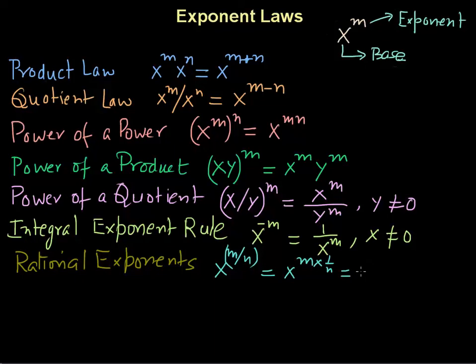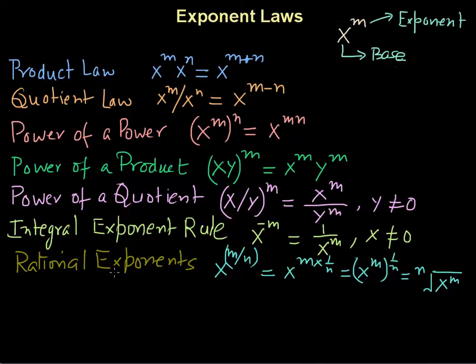And then I can write it as x to the power m, I can put a bracket here and write 1 upon n outside. So basically this is the nth root of x to the power m. So I can rewrite it as the nth root, and then under the root x to the power m, right?